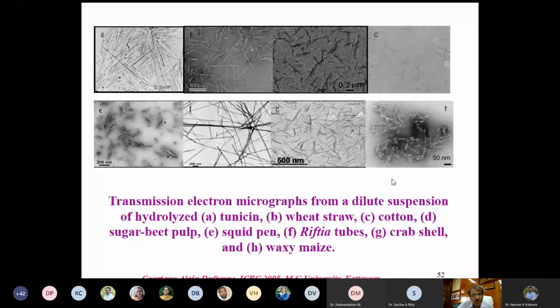Crab shell, you can make beautiful nanochitin. So he's a very brilliant researcher. He showed the world that waste is something very useful. So we followed his protocol and we extracted nano from a variety of bio waste. Next slide, please. I'll show you just a couple of slides what we're doing.